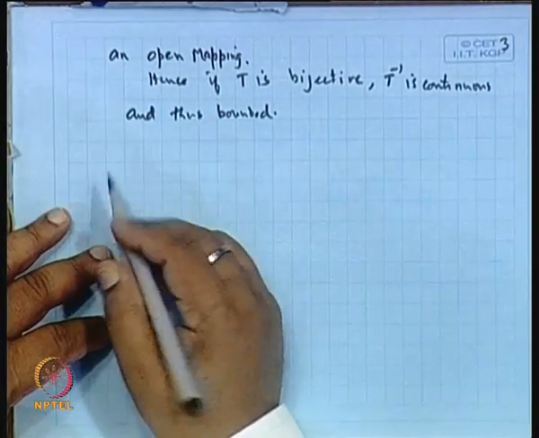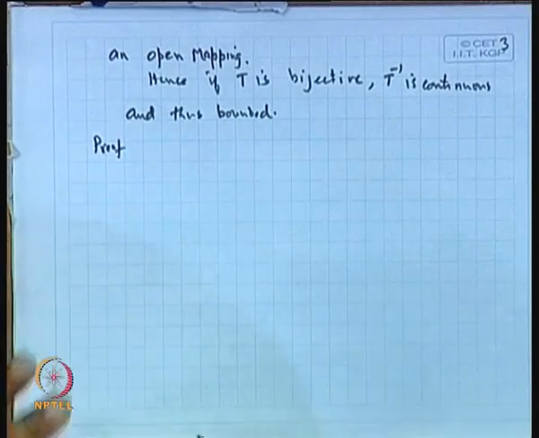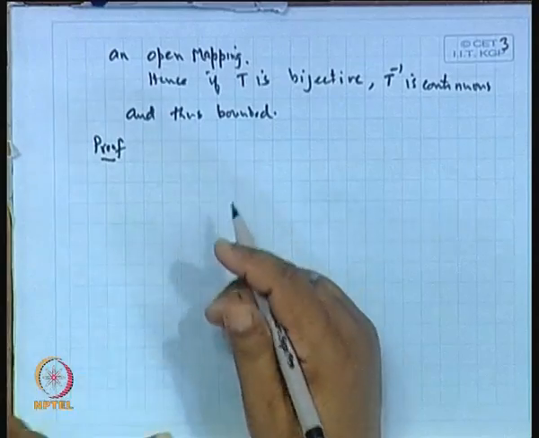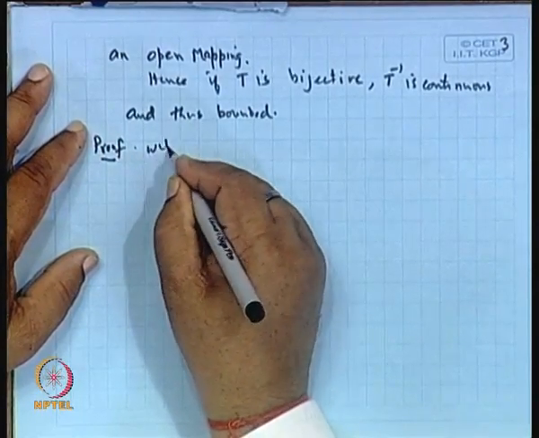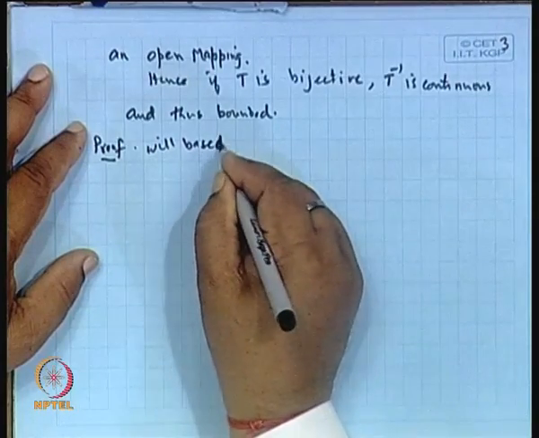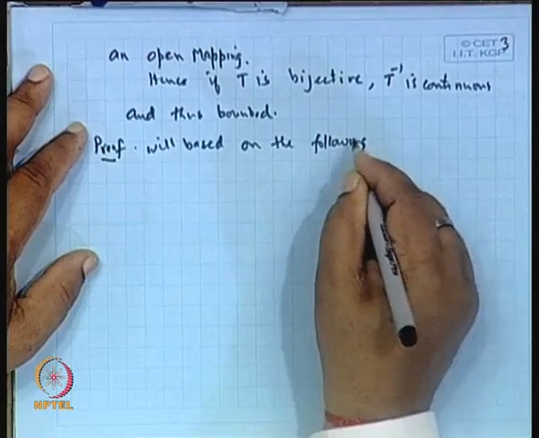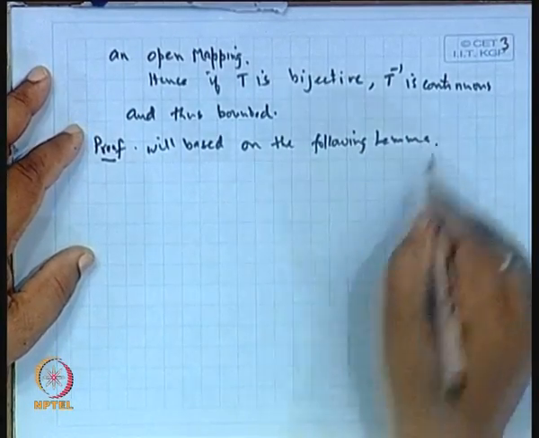The proof of this theorem is basically based on the following lemma. So, before going to the proof, we will state a lemma. The proof will be based on the following lemma. What is the lemma?